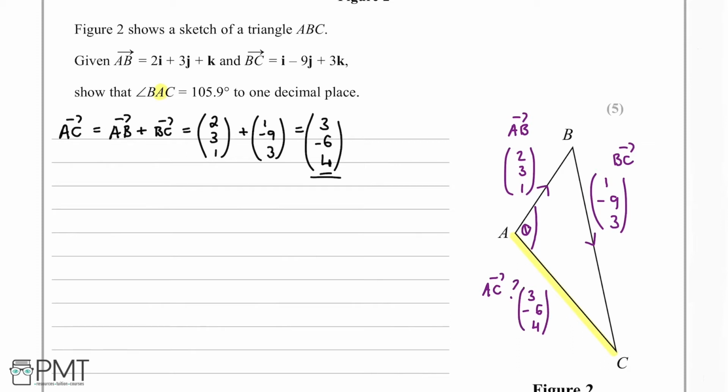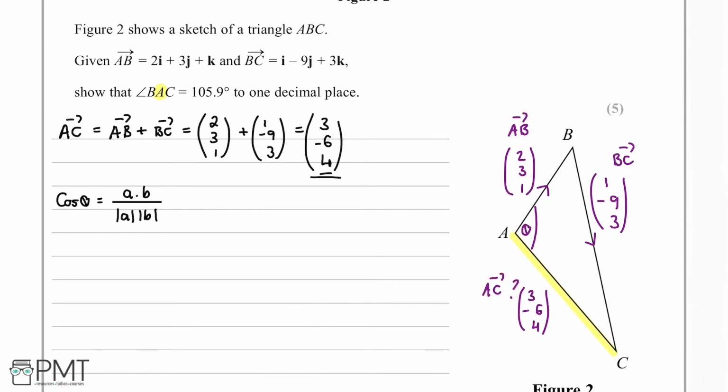So our next step now is to think of a formula that we know which helps connect us with angles and vectors. So this formula is as follows. Cos theta is going to be equal to the dot product of A and B, divided by the magnitude of A multiplied by the magnitude of B. So in our case, our vector A is going to be AB and our vector B is going to be AC.